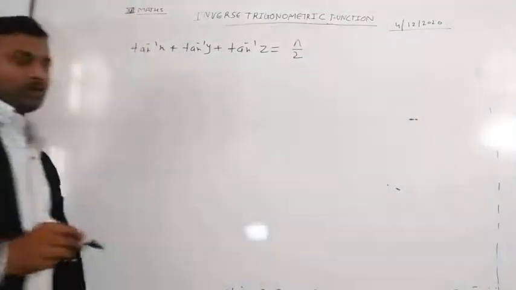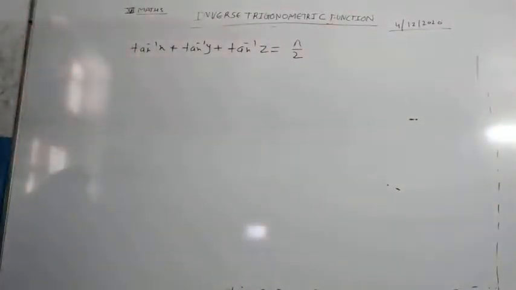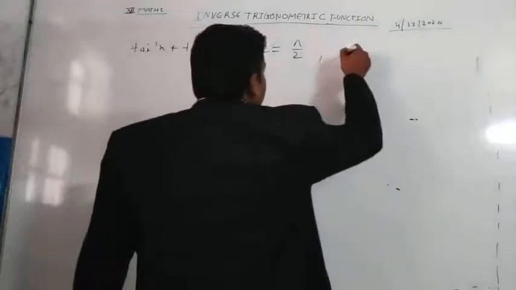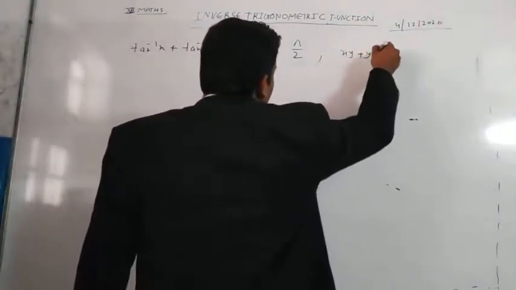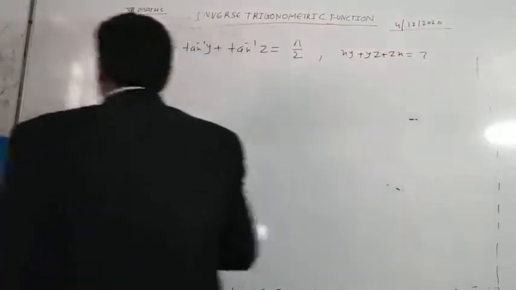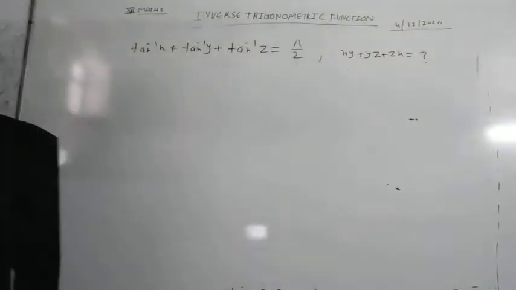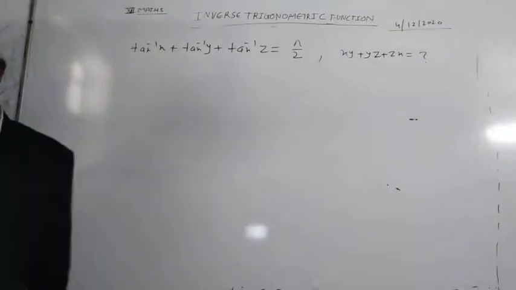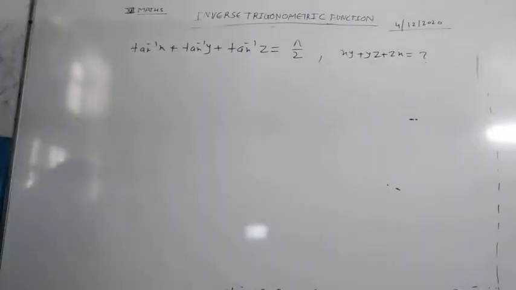This is what is given. Then find the value of xy plus yz plus zx, which is equal to what? So tan inverse x plus tan inverse y plus tan inverse z is given to us.